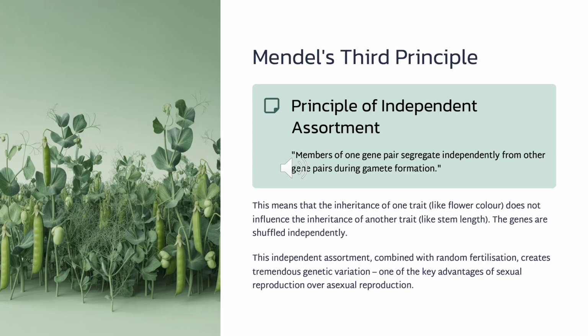So they segregate independently. The genes are shuffled independently. This independent assortment combined with random fertilization creates tremendous genetic variation, one of the key advantages of sexual reproduction over asexual.